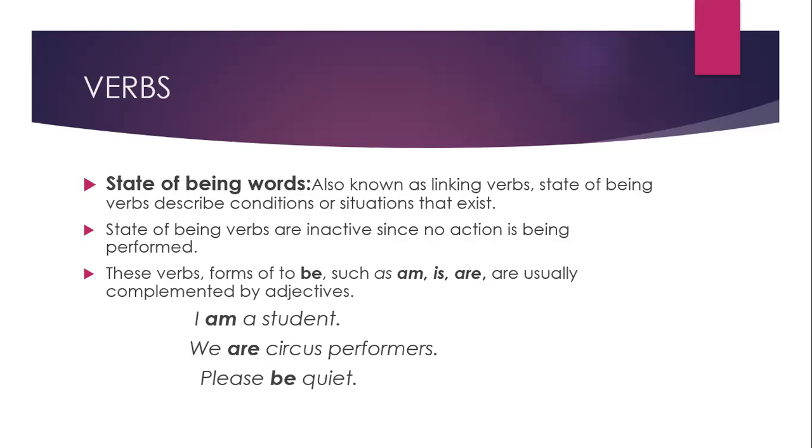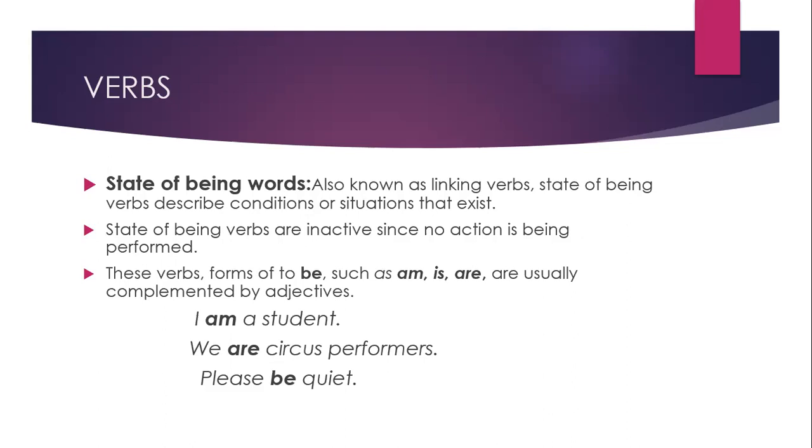So all these terms are used to describe those verbs that do not show action. They are inactive. They are non-action. They have no action that they are performing. These verb forms can usually be the verb to be. The verb to be can be conjugated in different ways.